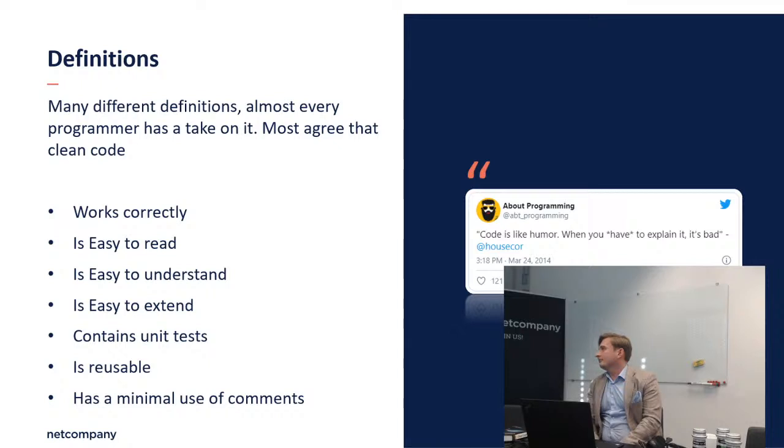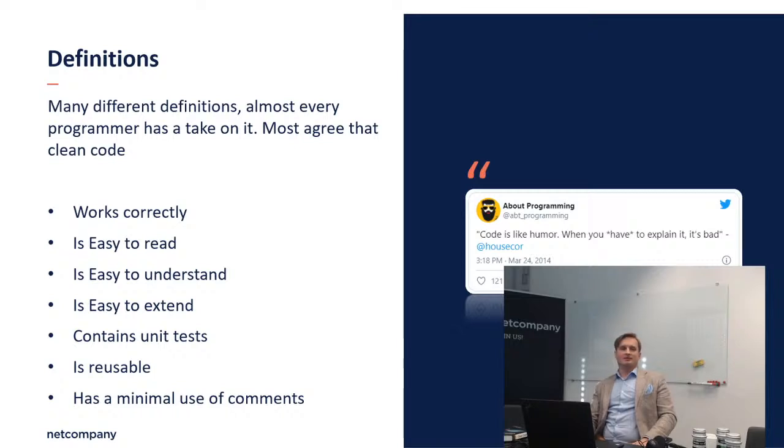So most definitions agree that it's code that works correctly, it's easy to read, it's easy to understand, it's easy to extend, contains unit tests, of course, is reusable, and has a minimal use of comments. The last part is debatable, I guess, but I think going forward we see less and less people saying that you should have comments to have good code.